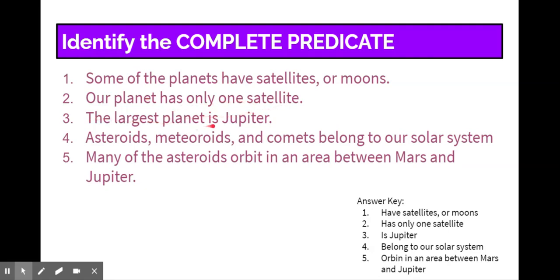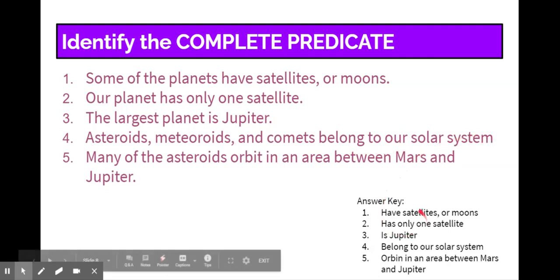Number 3, the largest planet is Jupiter. Well, the complete subject is the largest planet. So the predicate is just 2 words, is Jupiter. Number 4, asteroids, meteoroids, and comets belong to our solar system. Ooh, I forgot a period. Oopsie.